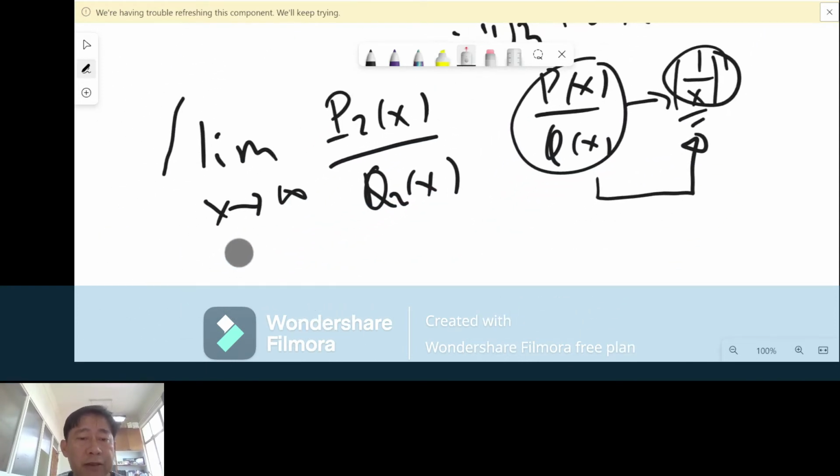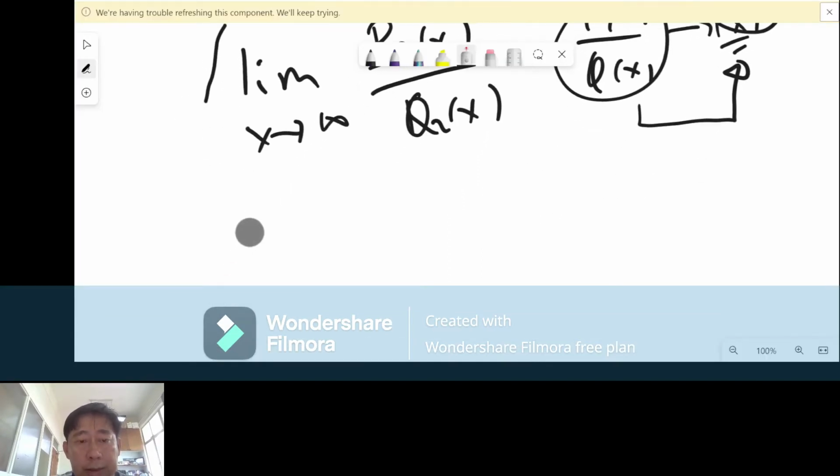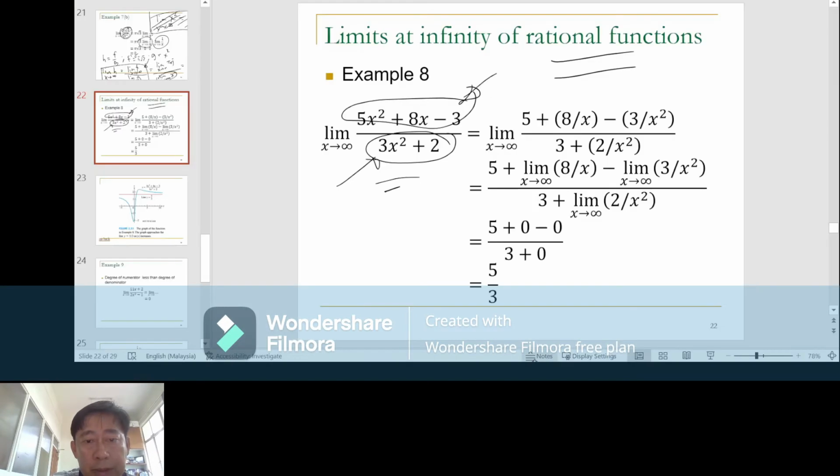So the first step of calculating the limit of this rational function is to try to express all the functions, including the denominator function and numerator function, into the form that is expressed in terms of 1 over x. So what you do here is this. Let us copy down the function.